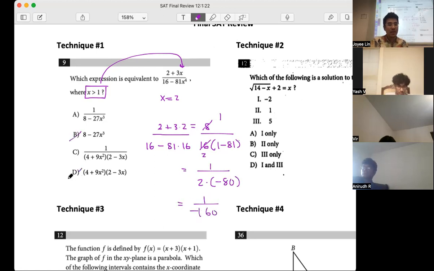So it's not this one. I think we could have figured out it was still a fraction, right? Because it's bottom heavy. And then we figure out which one's negative 160. So this one would be 1 over 8 minus 27 times 8. Again, we can do the same thing: factor out the 8, 1 over 8 times 1 minus 27. There's no way you're going to get 160 out of this, right? 8 times this is not going to give you a whole number.